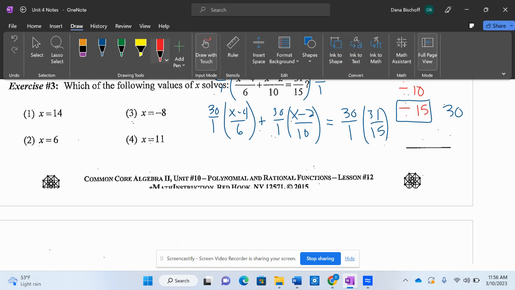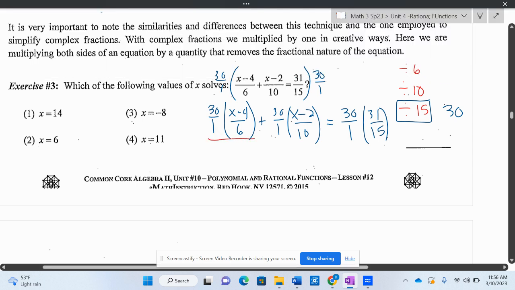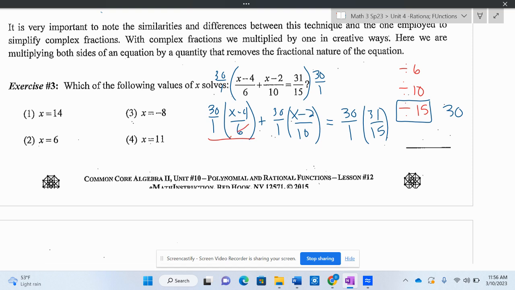So can we cross reduce? Riley, is there anything that we can cross reduce out of this first? What can I do? So 6 divided by 6 is 1. So I have a 1 in the denominator. What's 30 divided by 6? 5. Okay. What about here? 10 divided by 10 is 1.